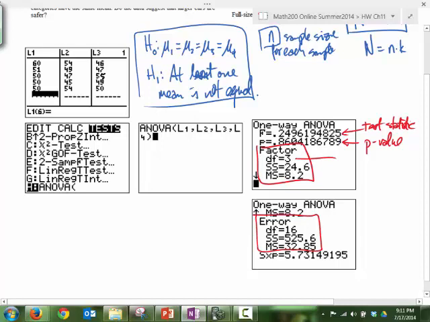Notice that there's degrees of freedom for the factors and there's degrees of freedom for the errors. Again, that's something that we can ignore now because we're not looking at the table. And then we have SS factor if asked, or treatment.